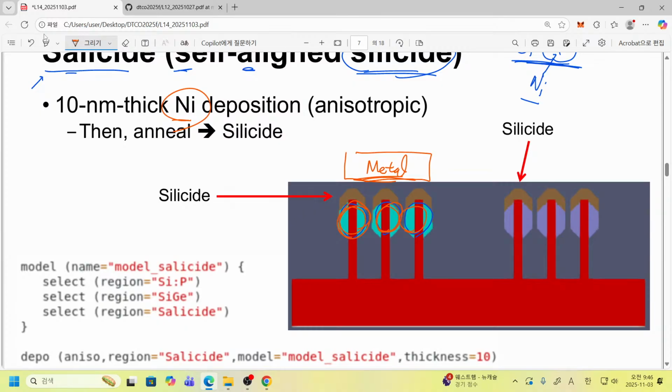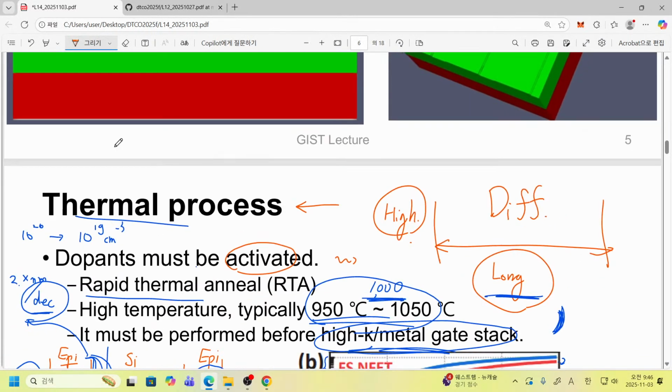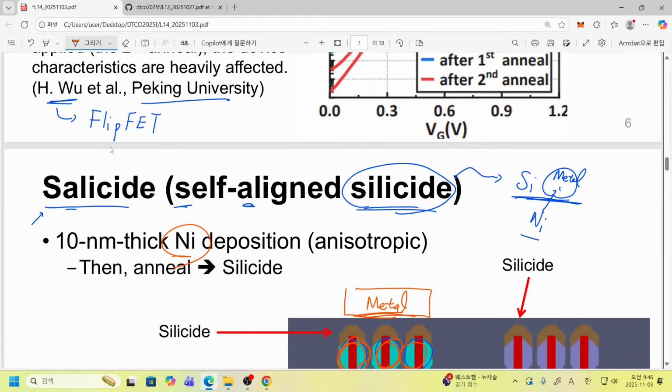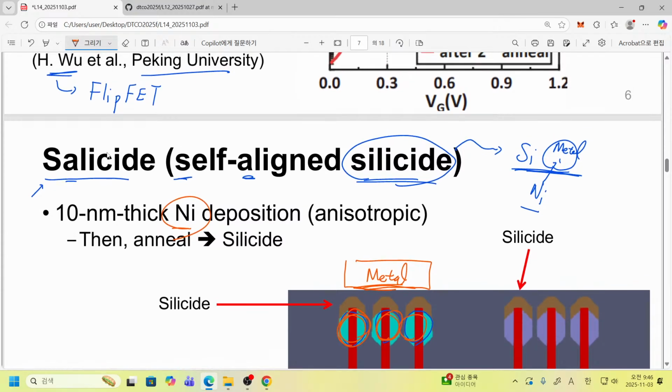Its temperature is not as high as 1000 Celsius; a stable temperature is known to be about 500 Celsius. So what we can do is deposit nickel all over our structure.